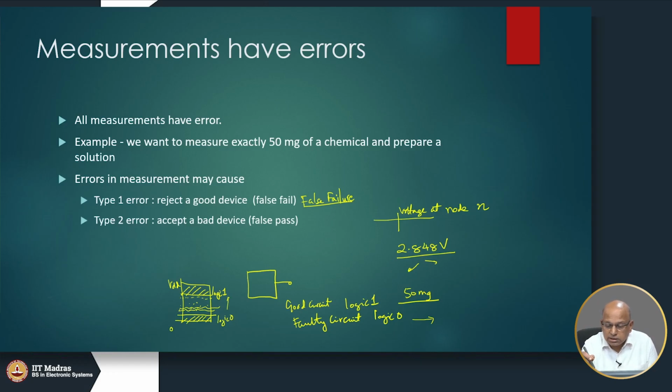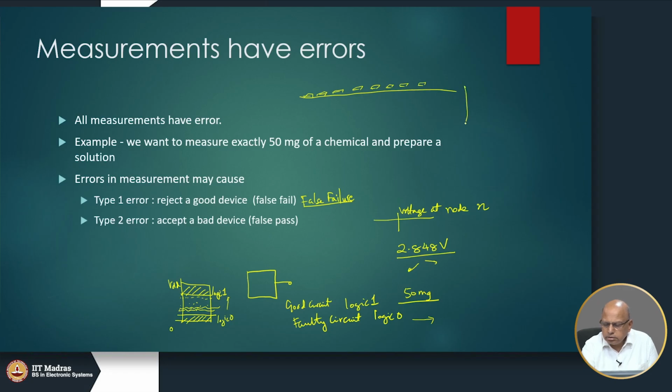So, remember what testing does. I have told you that in the manufacturing line you get a lot of these chips. It could be chips or PCBs, it could be complete products. We have manufactured a large number of them and we are individually going and testing each one of these.